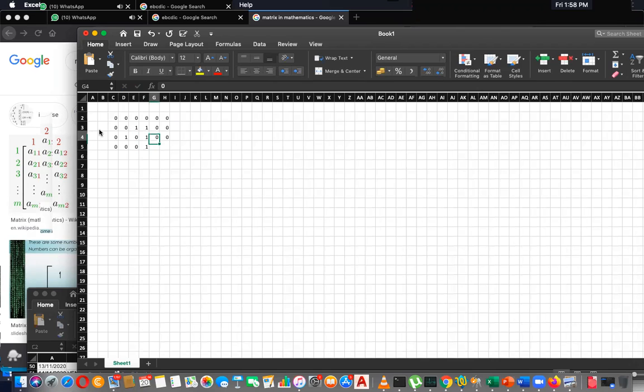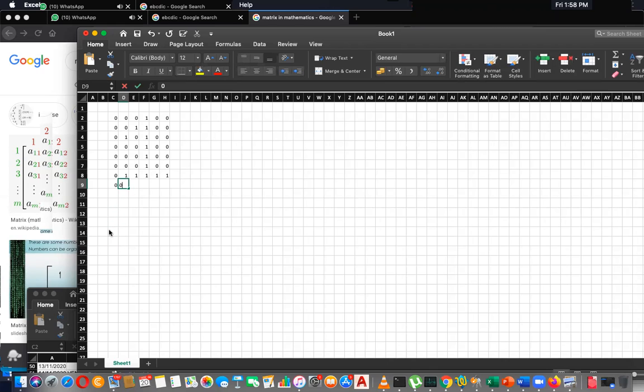Then 1 here and 1 here also. 0, 0. 1 here. So this is a matrix actually. I'm going to write the matrix in binary. Think about these ones.